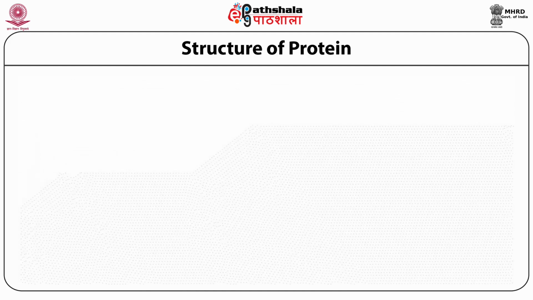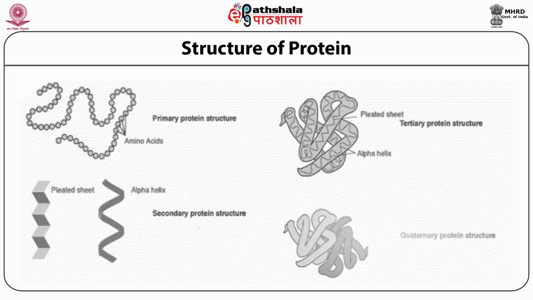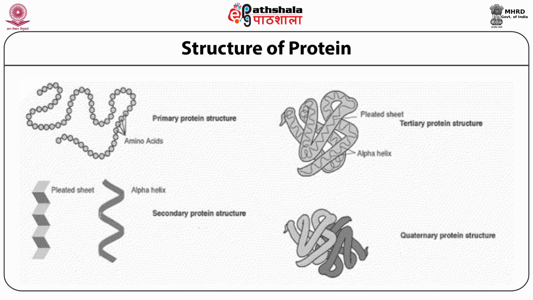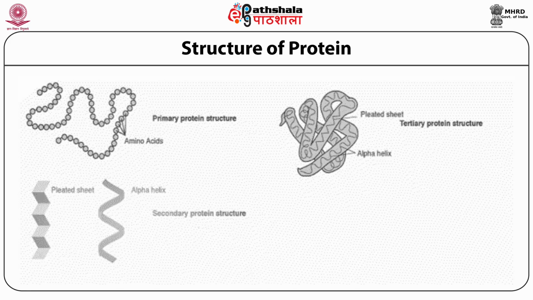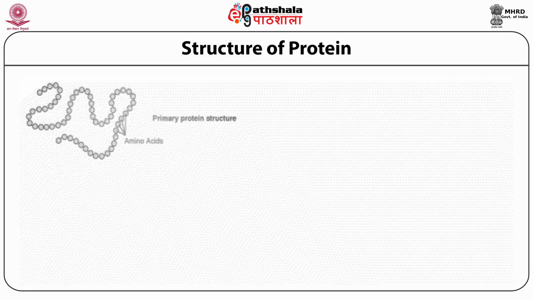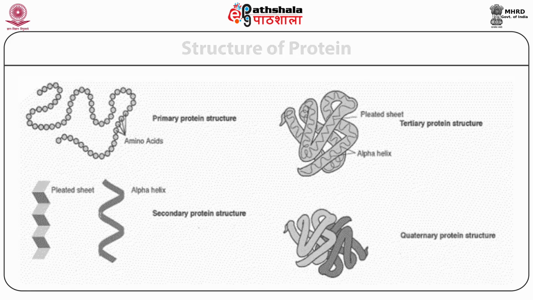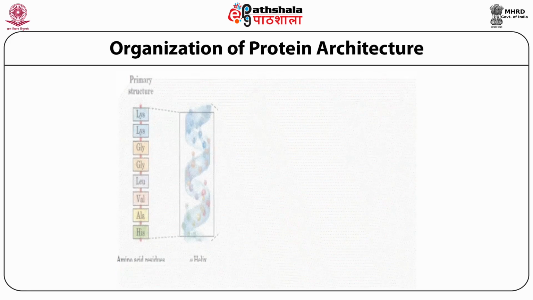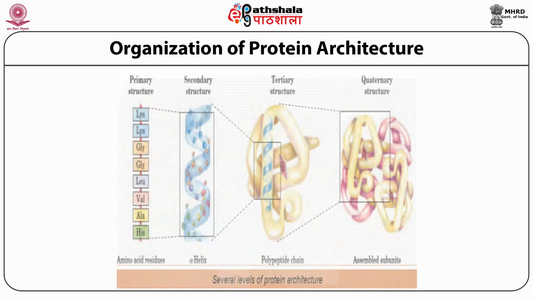Then tertiary structure, which has different motifs or domains or pockets. And finally the quaternary structure, where two peptide chains or protein chains are joined together either by disulfide linkage or several non-covalent interactions. This figure also shows similar levels of protein architecture: primary structure, secondary structure, tertiary structure, and quaternary structure.